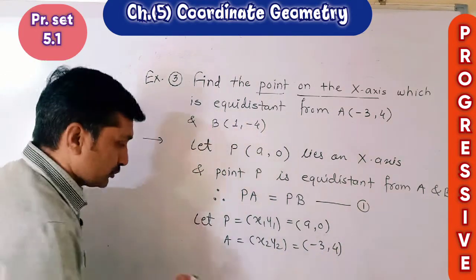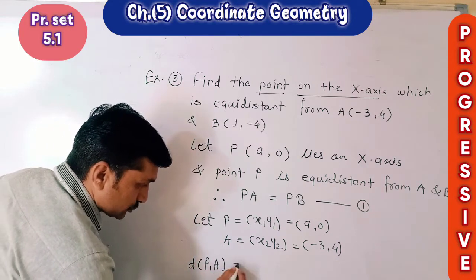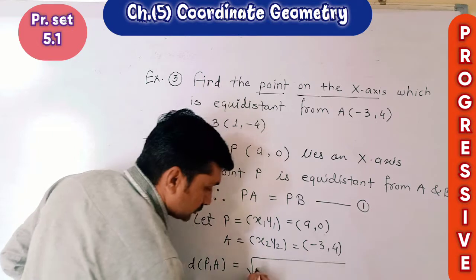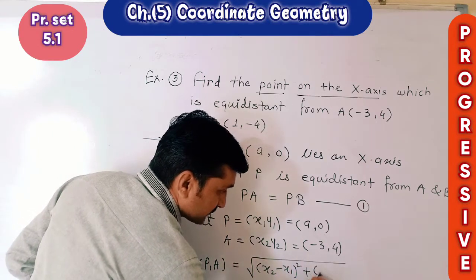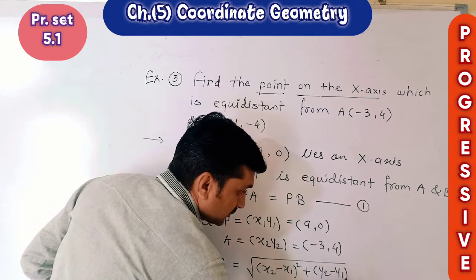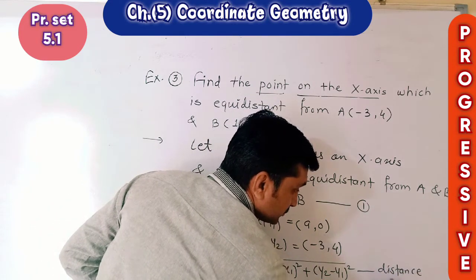Now by the distance formula, distance PA is equal to square root of (x2 - x1) squared plus (y2 - y1) squared.